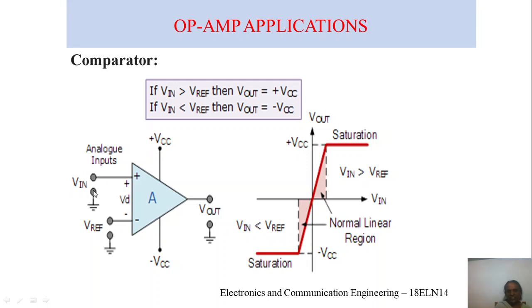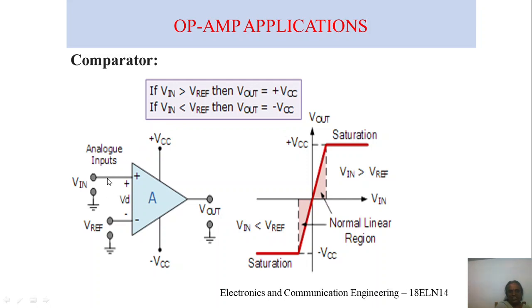If Vin is greater at the plus terminal of an op-amp, then the output will be plus VCC. Why is Vin greater? Because it is at the plus terminal. So if Vin is greater than V reference, then V0 is equal to the supply voltage VCC.